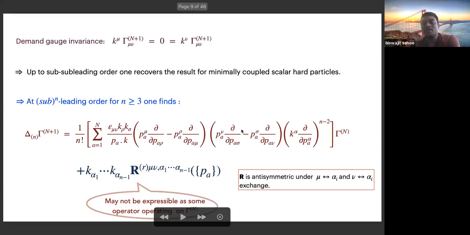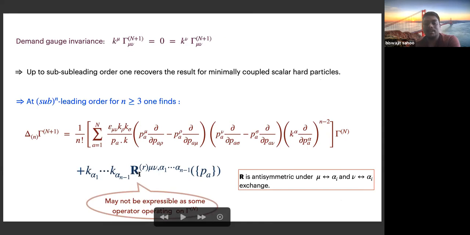And the problem is that this part is fully gauge invariant, so now you can add to this term any kind of term which is self gauge invariant, and this term cannot be fixed.